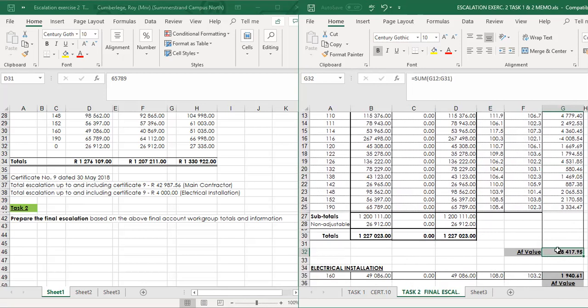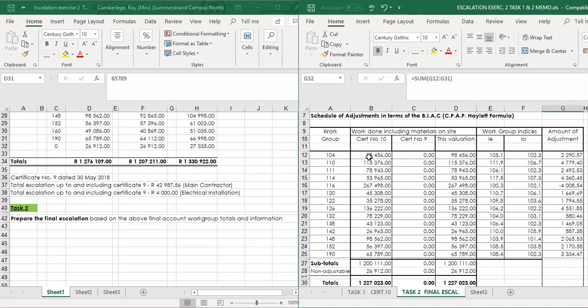value that's almost an enormous figure. As I said, this is not escalation. It is a theoretical amount because you've taken the amount, let's say for earthworks, and you escalate it from day one base month right up to practical completion to get that total figure. Right, so the AF value in a nutshell is you take the practical completion certificate, you reproduce it.